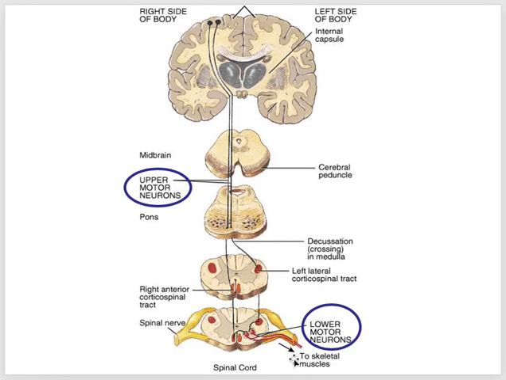Now, whenever the first order neuron is damaged, it will give upper motor neuron type clinical features. Whenever anything happens at the anterior horn cell or later, it is lower motor neuron type. For example, if there is an infarction or a cut over here, the patient will present with spasticity in those muscles, hyperreflexia in that muscle group, and the Babinski sign will be positive.